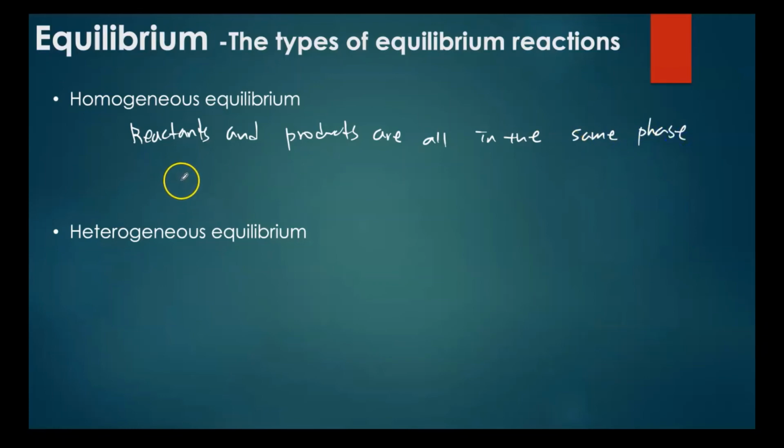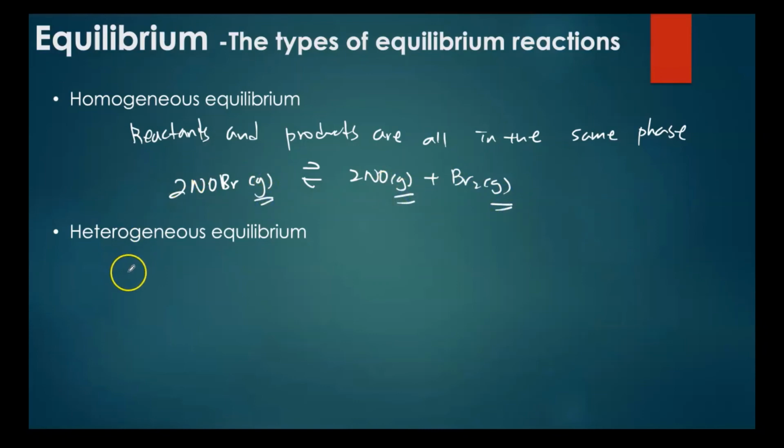An example reaction can be, let's say we have NOBr gas in equilibrium with NO gas and Br2 gas. And you can see that their phase is all gas, right? So in this case, we say we have a homogeneous equilibrium.